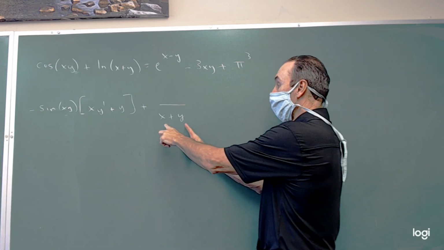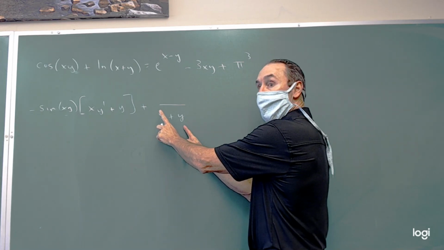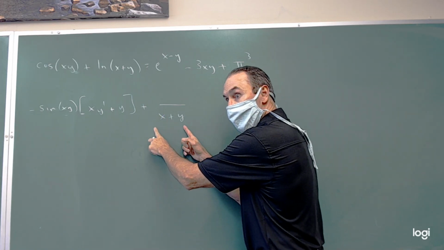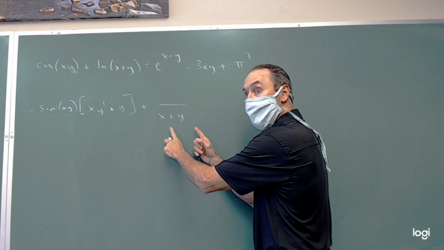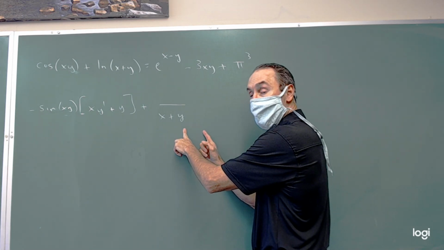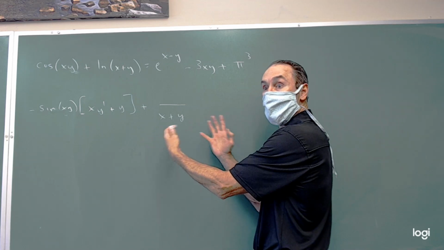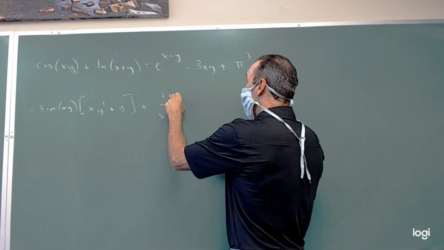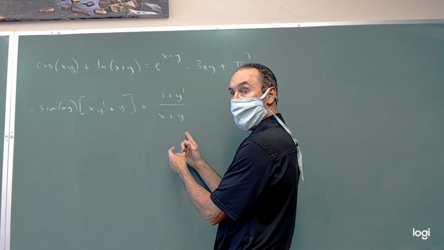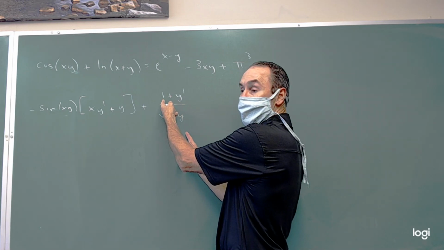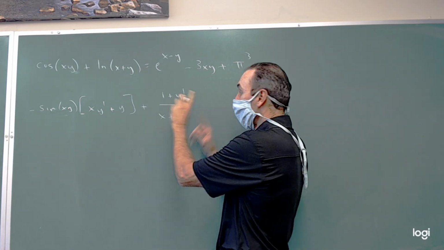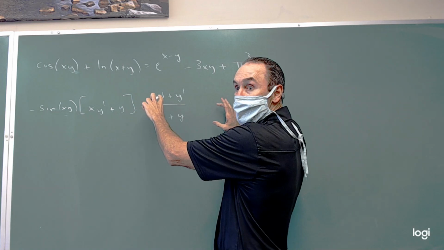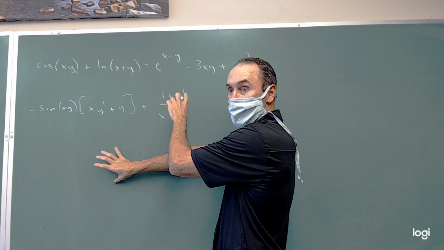Its derivative is the derivative of x, which is 1, plus y prime, because the derivative of a sum is the sum of the individual derivatives. Now here again, we're going to have to come back because you have one term that doesn't have a y prime and one that does. So we're going to have to separate these into two separate fractions because the y prime term is going to stay.